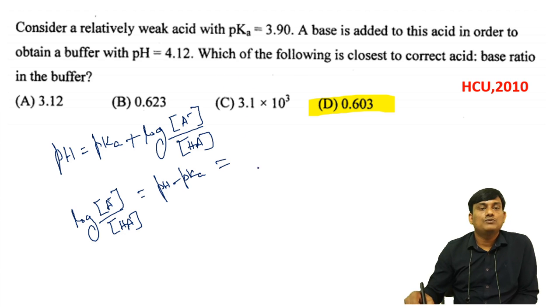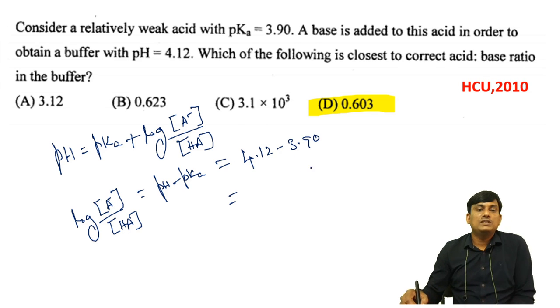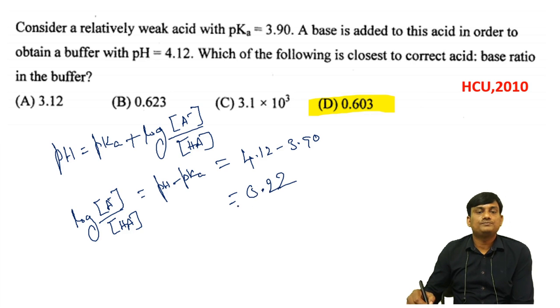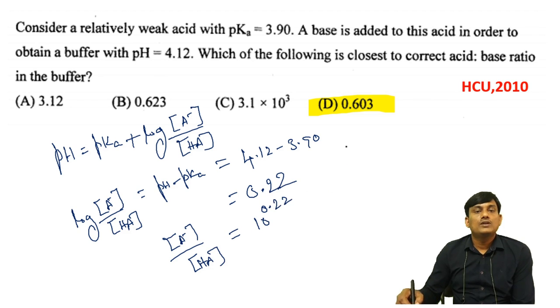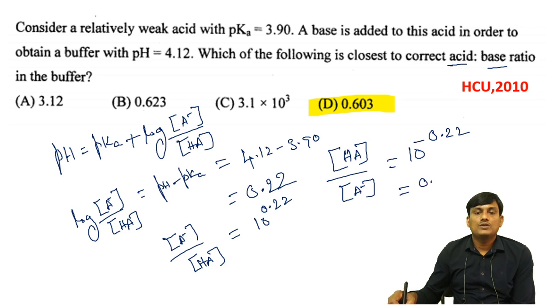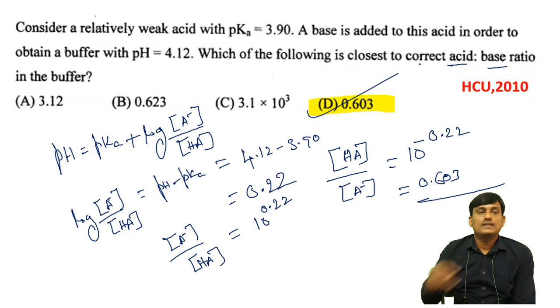What is the pH value? 4.12 minus 3.90, which is equal to 0.22. So the concentration of A minus by the concentration of HA is equal to 10 to the power of 0.22. We have to take the ratio between acid and base. So HA by A minus is equal to 10 to the power of minus 0.22. So this is equal to 0.603. This is the correct option.